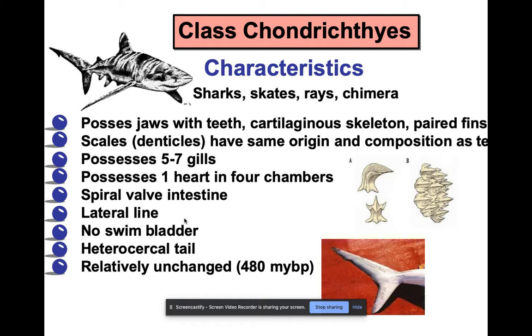The function of a swim bladder is kind of like the ballast in tanks and submarines. If I want to sink, I'm going to decrease my swim bladder so that I take on more water. So if the fish wants to go down toward the bottom of the lake or the ocean, it will decrease the swim bladder and become less buoyant.